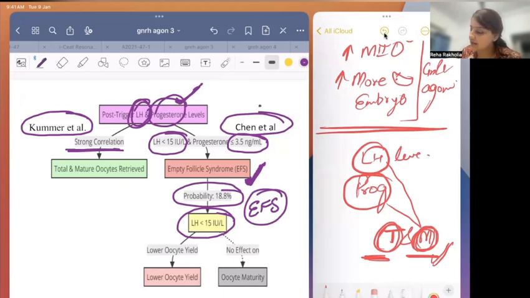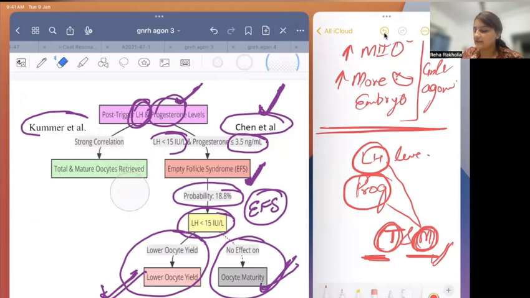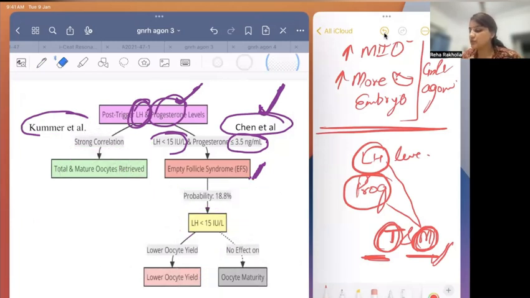According to Chen et al., the effect is on oocyte yield but not oocyte maturity. Kumar et al. showed that both oocyte yield and oocyte maturity were affected, but here only oocyte yield was lower, not the oocyte maturity.